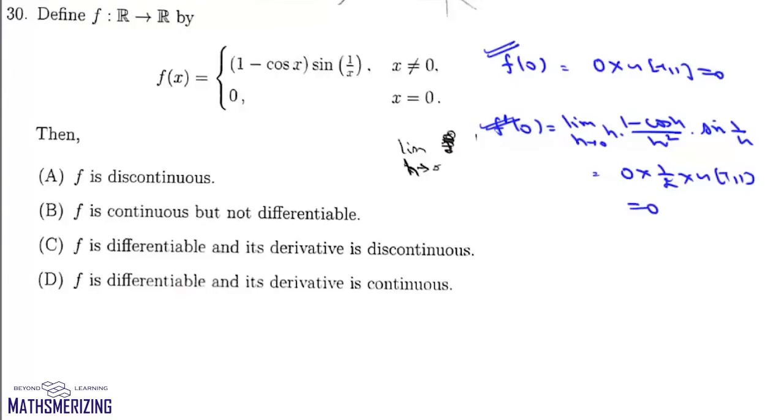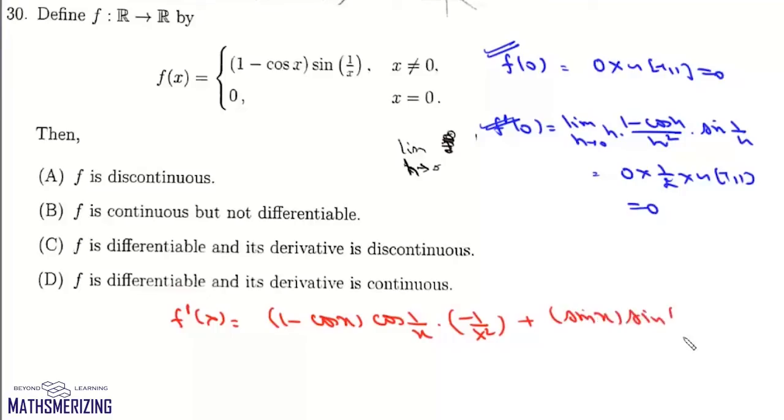Now we have to find continuity of its derivative. If we find f'(x), it will be (1 minus cos x) into cos(1/x) into minus 1 upon x square plus sin x into sin(1/x).